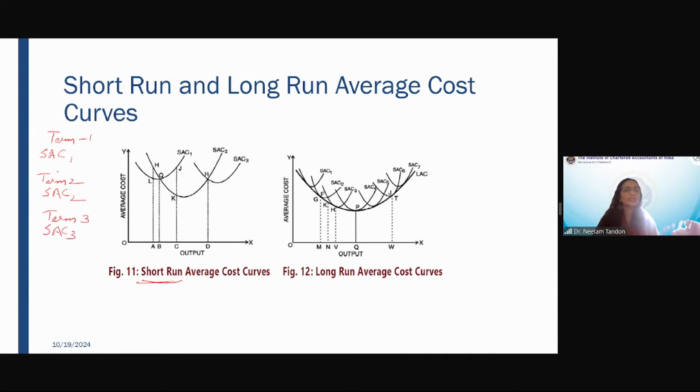So these are the three short-term average cost curves of a firm, any firm, firm A, which is operating in the short term, and this is the long term set of that firm. So in the short term, it has three terms, plants, three stages of plant. Okay, so the first stage, SAC 1.